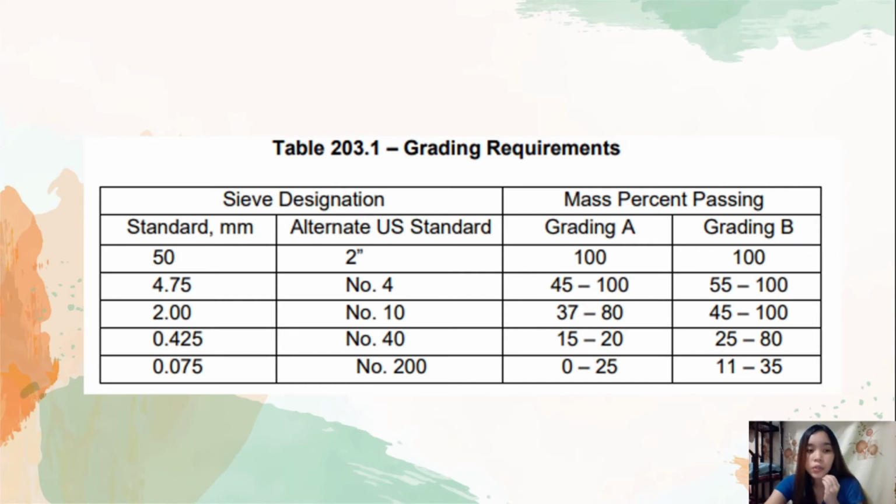Then here also, the material passing the number 4 sieve produced in the crushing operations of either stone or gravel shall be incorporated in the base material to the extent permitted by the gradation requirements. Then the plasticity index shall not be less than 4 nor more than 10.